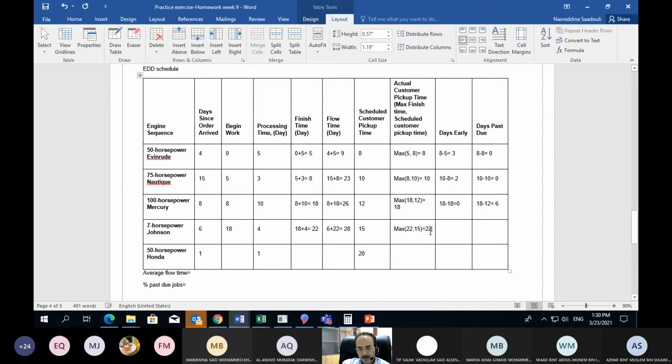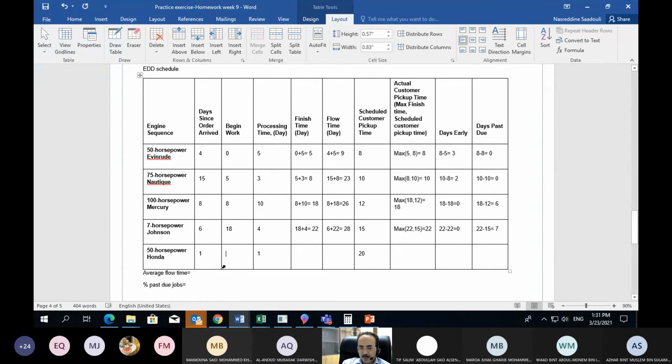And therefore if it is late then it cannot be early. So 22 minus 22 is 0. How many days is it late? The actual 22 minus the promised 15, so it's actually 7 days late.